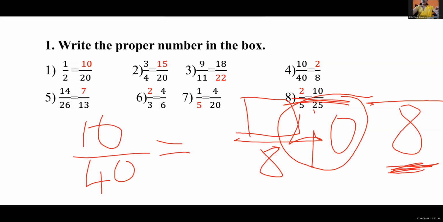I hope everyone knows the tables. For fractions, we should know the tables.